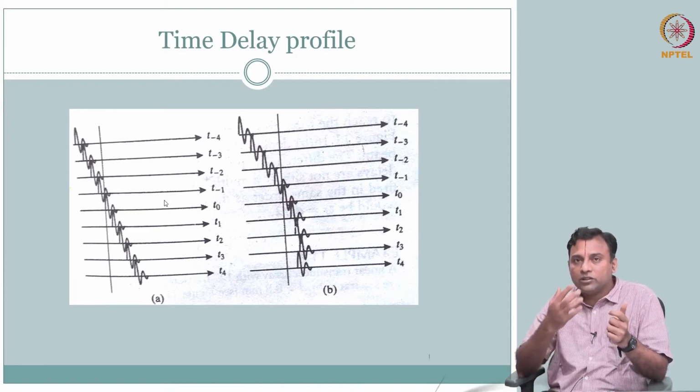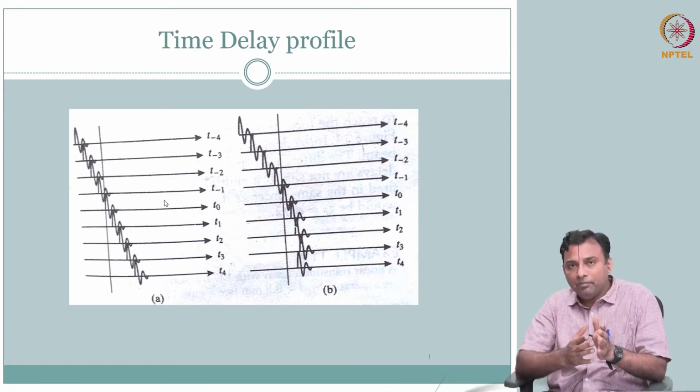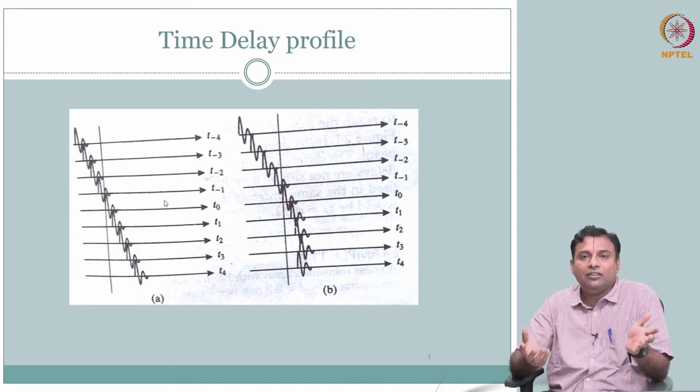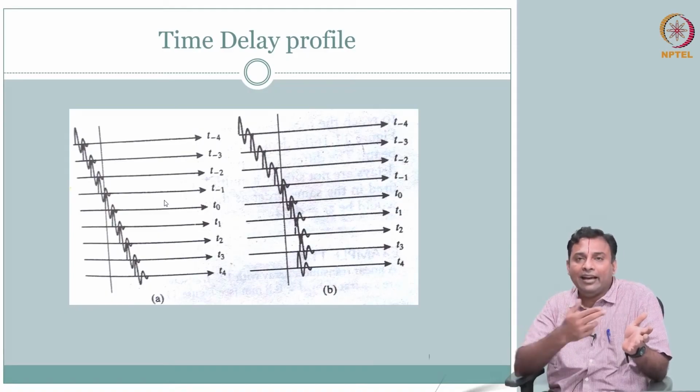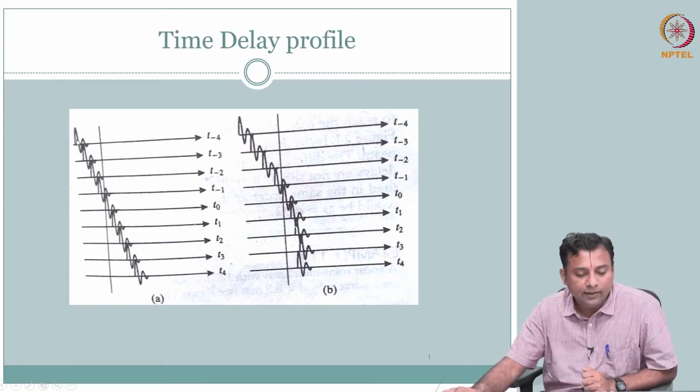So, the most negative delay that you calculate, you have to give that as a bias to every term. Then you can get physically realizable relative time delays. Okay. So, you can see that you can realize both steering and focusing by combining the time delays, right.